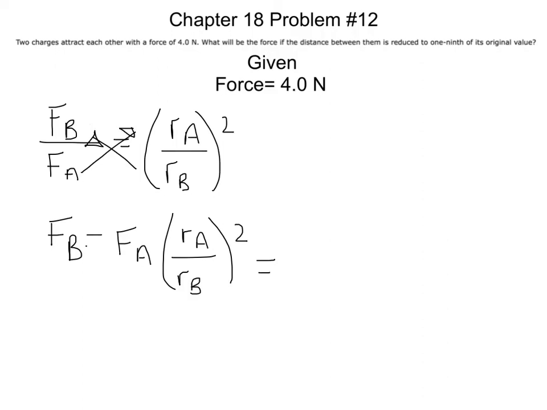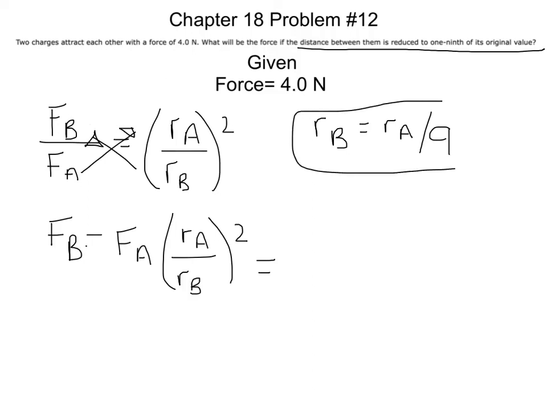Also, you want to use this part of the question, and that would just be represented by this. So RB, which is the distance, is equal to the original distance over 9. So keeping this in mind, you can plug in for RB.